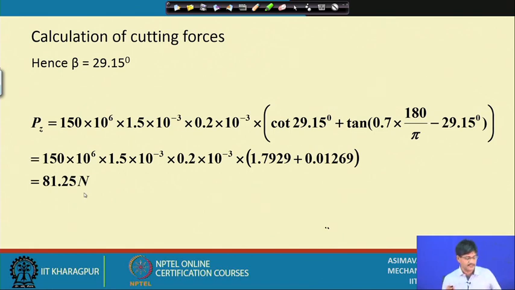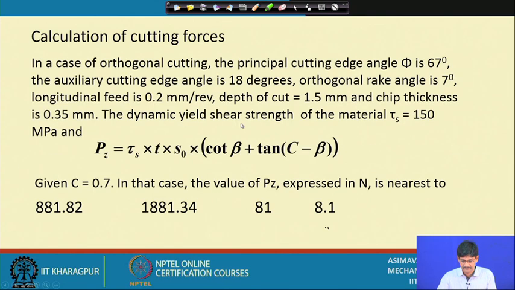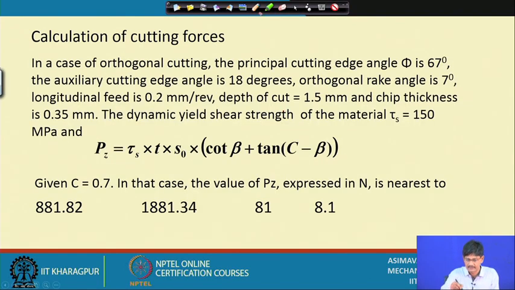So, if we go back, this is the correct answer. It is nearest to this value, 81 newtons.